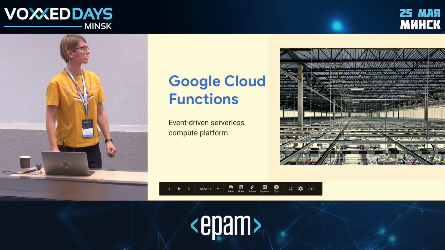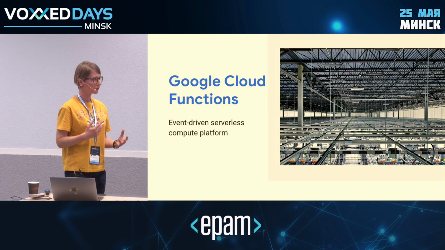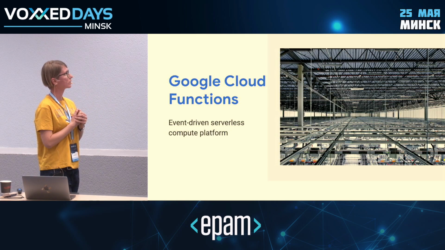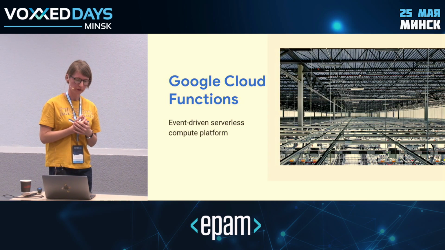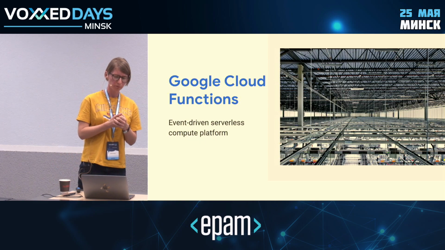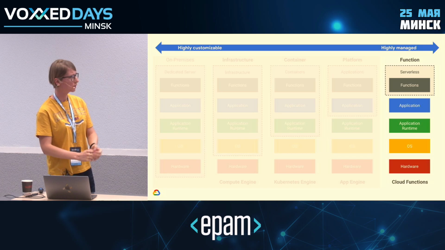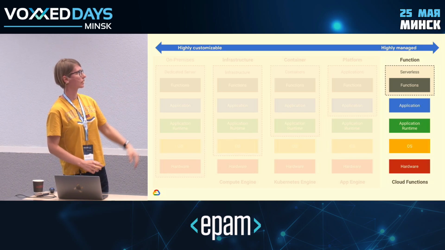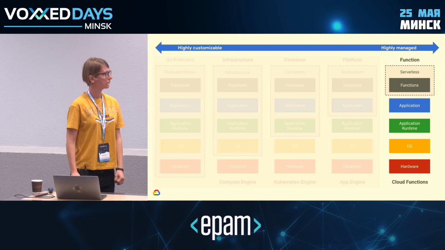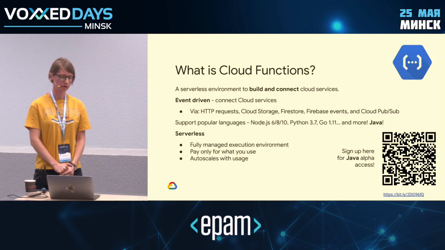Then Google Cloud Functions. App Engine was developed in 2008, and around 2016 we launched Google Cloud Functions. The aim of Google Cloud Functions is to provide an event-driven serverless compute platform. So we are at the very end of the fully managed infrastructure. Why Cloud Functions?